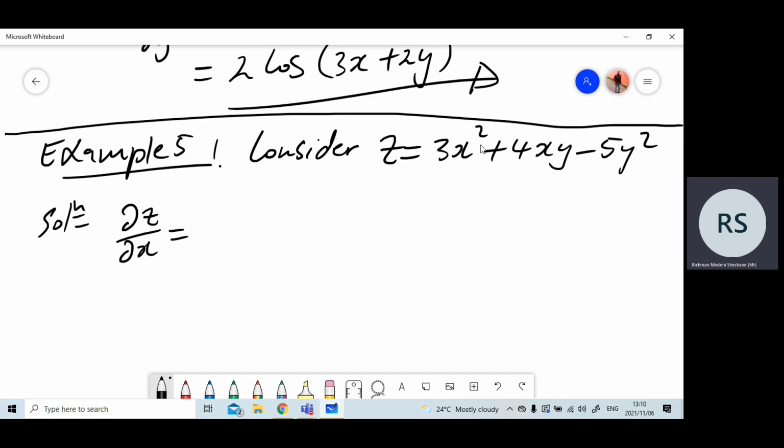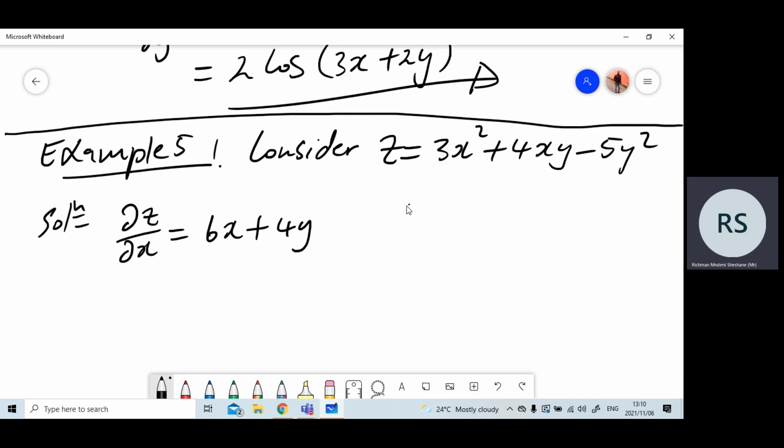So the derivative with respect to x here is 6x. We're deriving the first term with respect to x. And then the second term with respect to x, deriving x is going to be 4y. And then this term with respect to x, we treat y as a constant, so this would be 0. So this is the first partial derivative with respect to x.